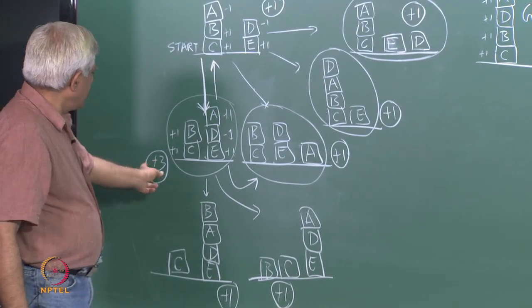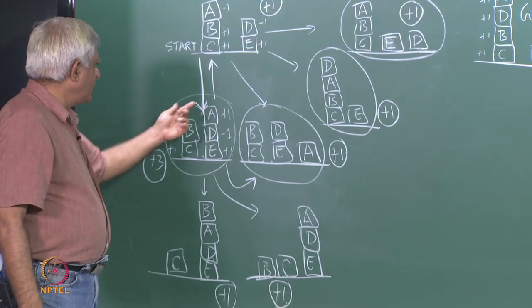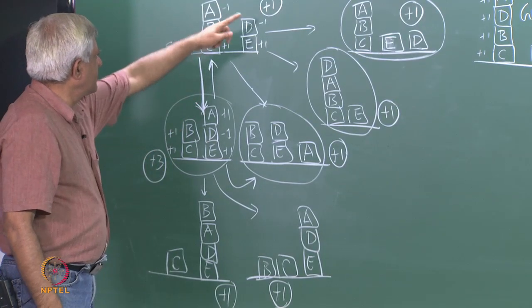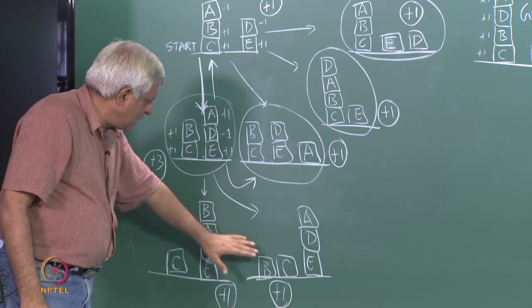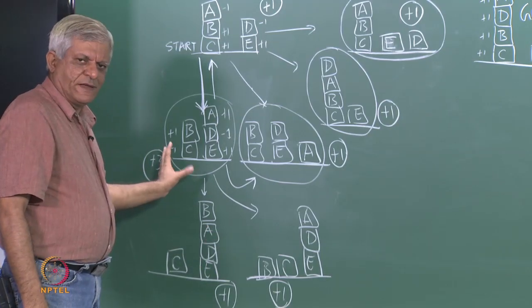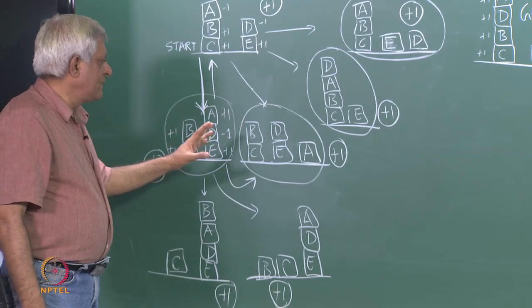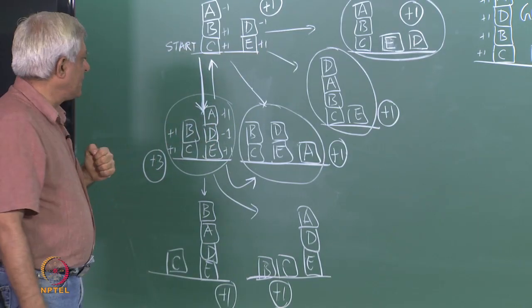So, here we are sitting on a state which has a heuristic value of +3 and it has 4 neighbors. This has a value of +1 we have computed earlier, this has a value of +1 we have computed earlier and these two also have a value of +1. So, you can see that this is a maximum and the algorithm will terminate here without reaching the goal state that we are interested in essentially.